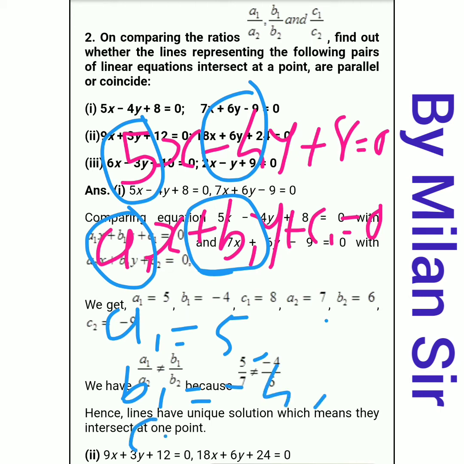Then the third thing is c1, our constant term. Here it is plus 8, so c1 equals 8. So we get a1 equals 5, b1 equals minus 4 and c1 equals 8 from the first equation.